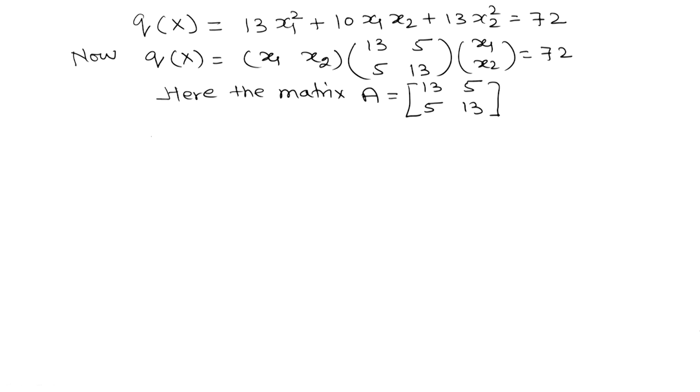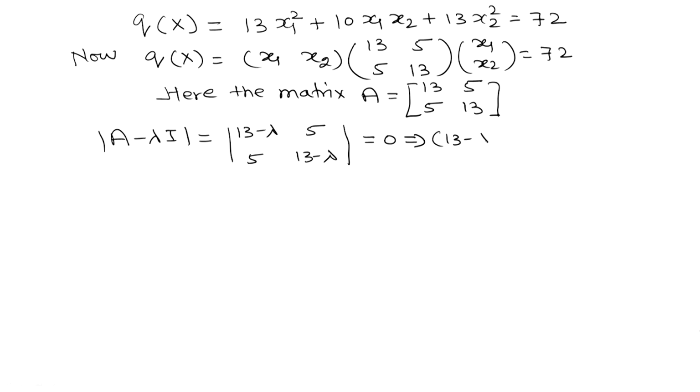Now, let us perform the diagonalization of the matrix A. So, here if I calculate the eigenvalues of the matrix A, it comes out to be determinant of 13 minus lambda, 5, 5 and 13 minus lambda equals 0. So, if I solve it, it will be (13 minus lambda) whole square minus 25 equals 0. This gives me eigenvalues lambda equals 8 and 18.